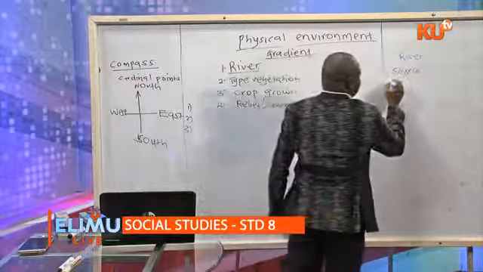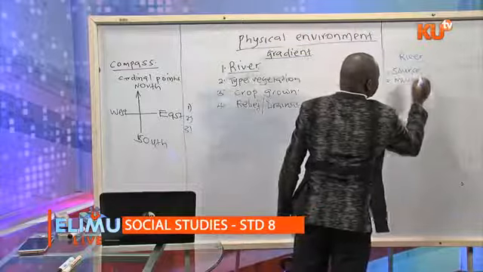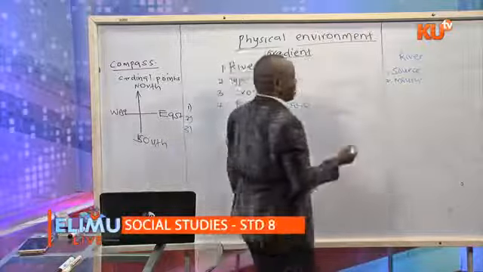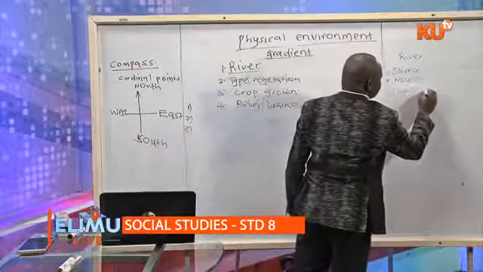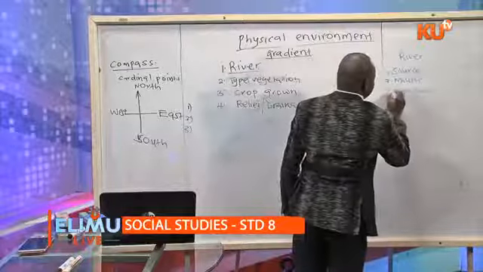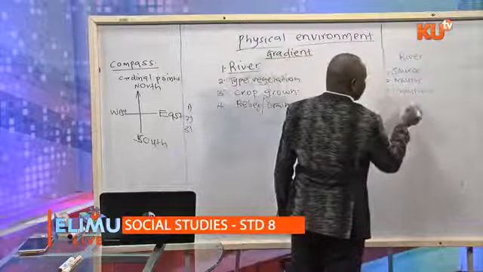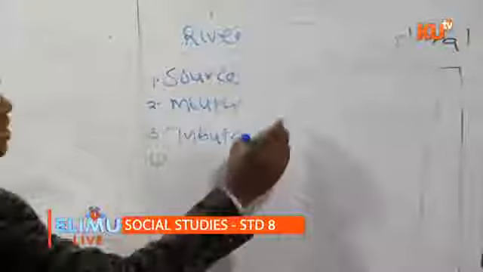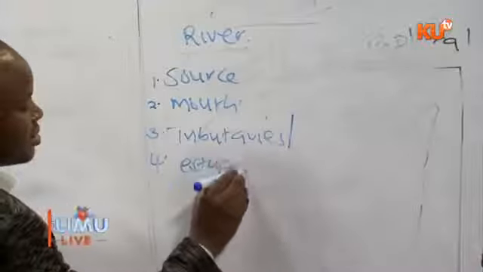A river has the source, the river has the mouth. Those are the two parts of the river. Then a river can also have tributaries, or an estuary.